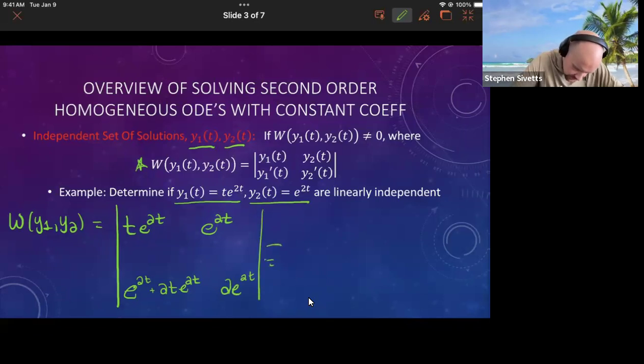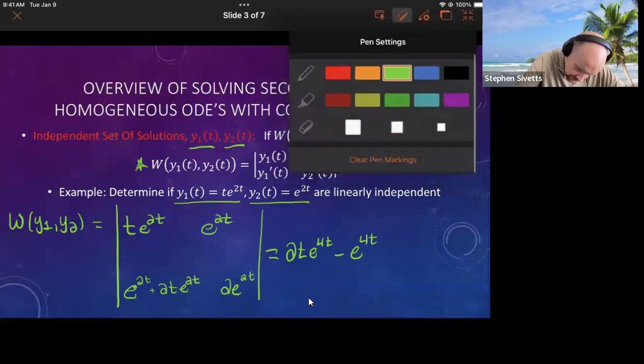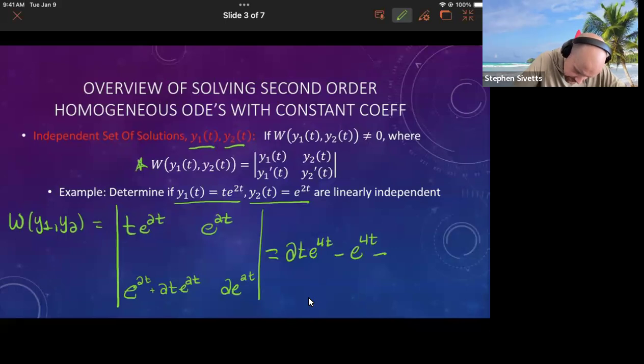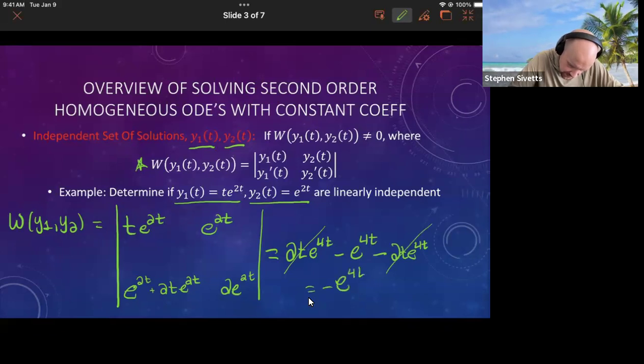So this quantity would equal 2 times t e to the 4t minus e to the 4t, and then a minus 2t e to the 4t. These quantities will cancel, and we'll have a minus e to the 4t.